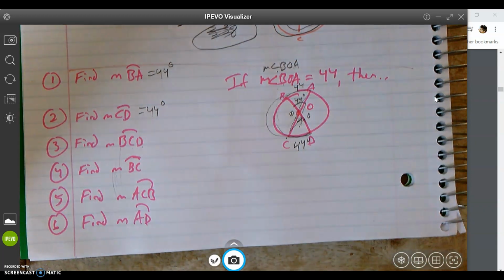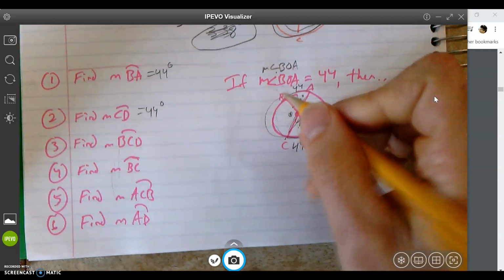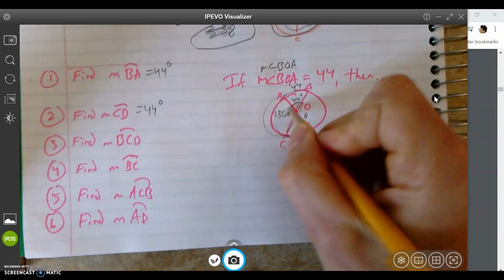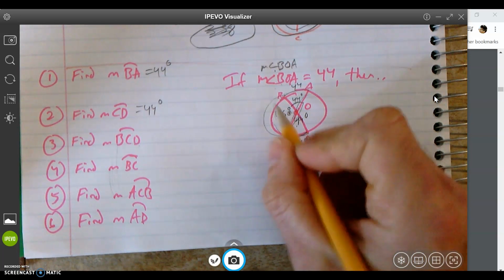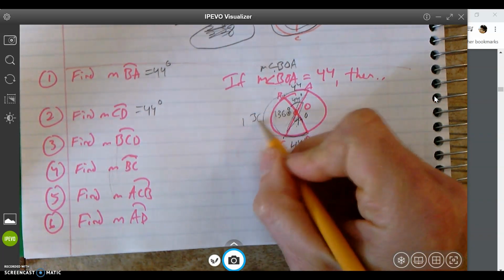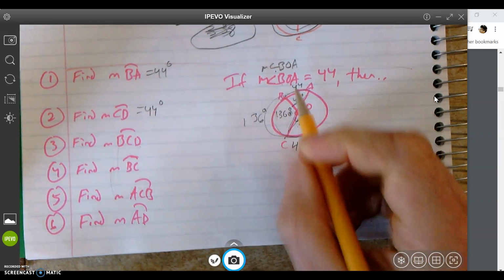So that would be 180 minus 44, which is 136 degrees. That angle is 136 degrees, so this arc is also 136 degrees.